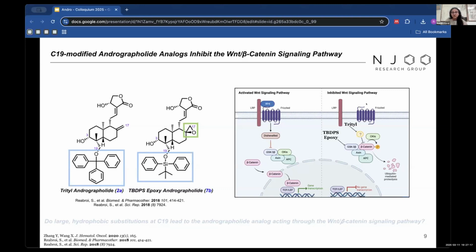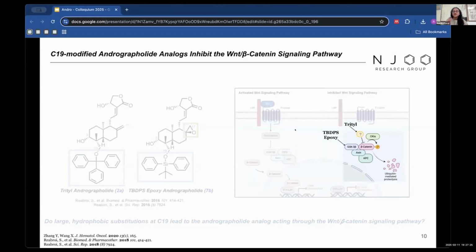It phosphorylates beta-catenin and tags it for ubiquitination and later degradation. That study had shown that the TBDPS epoxy andrographolide analog functions through GSK3-beta inhibition, preventing the phosphorylation and leading to beta-catenin stabilization, preventing its entrance into the nucleus.